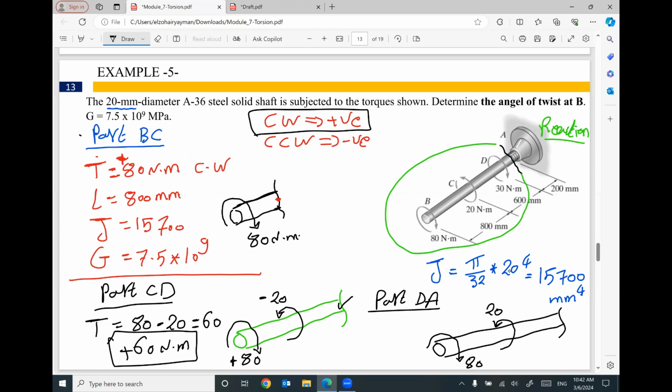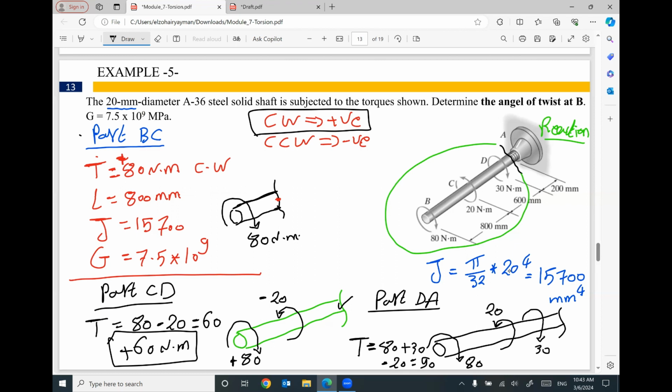We have another one here, rotating clockwise 30. So the final torque at your cut will be 80 plus 30 minus 20. It will be 90. That makes sense?